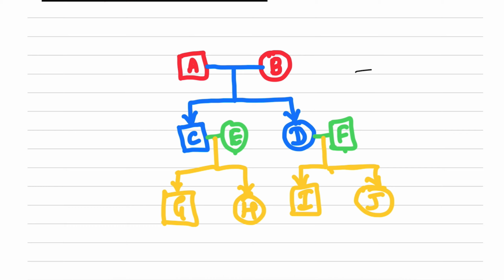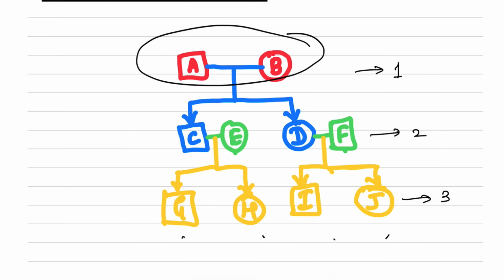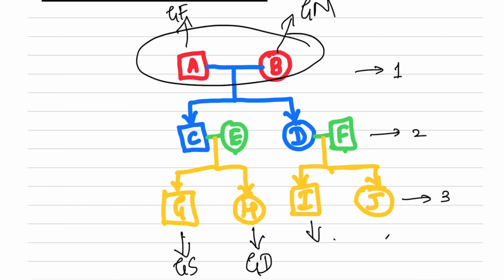So now you can see here three generations. This is the first generation, this is second generation, and this is third generation. So for G, H, I, J, A and B will be grandparents. A is a grandfather and B is a grandmother. In the same way, G will be grandson, H will be granddaughter, and I also grandson, and J will be granddaughter.